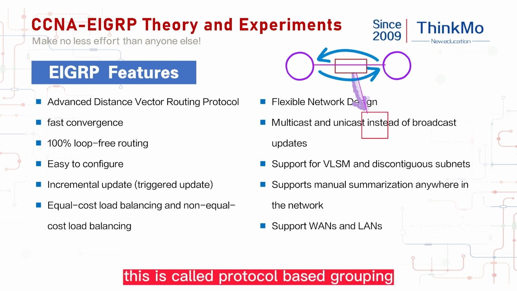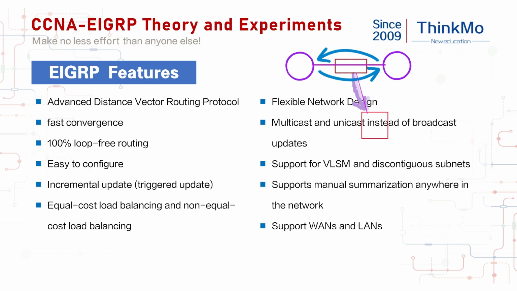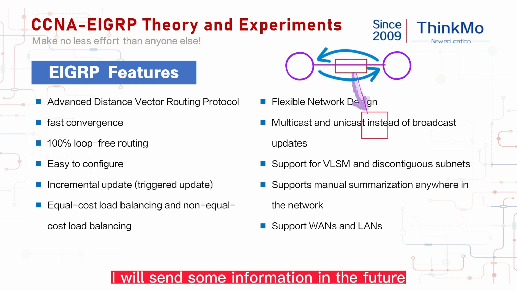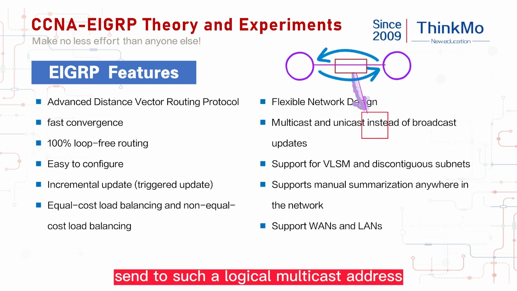This is called protocol-based grouping. It is added automatically. What's the benefit of this grouping? It is equivalent to listening to an address of this multicast. In the future I will send some information to such a logical multicast address.